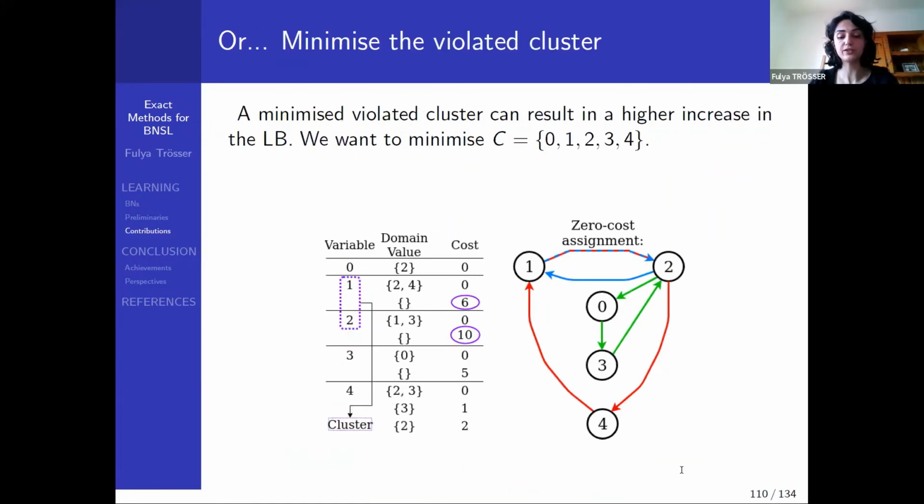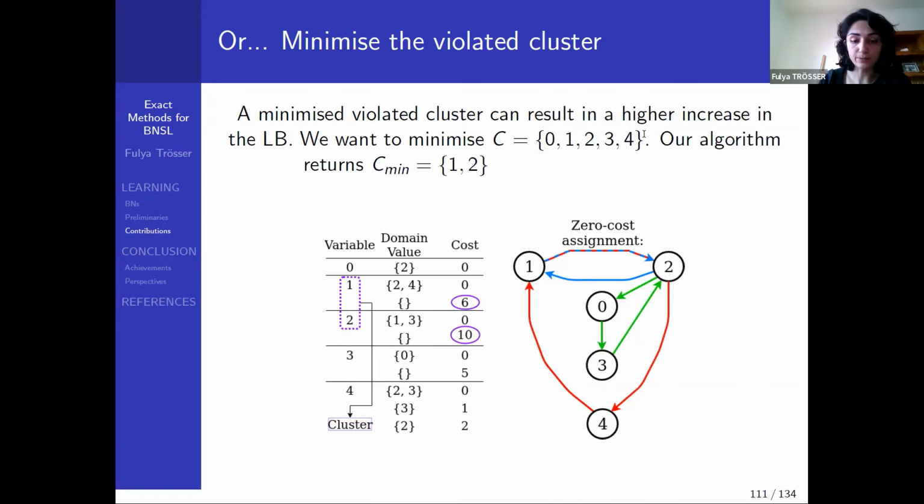We can try to increase the lower bound even more. So instead of taking the violated cluster returned by the acyclicity checker as it is, we can first try to see if we can minimize it. Again, I won't go into details, but know that it is possible to minimize the set 0, 1, 2, 3, 4 to the set 1 and 2.